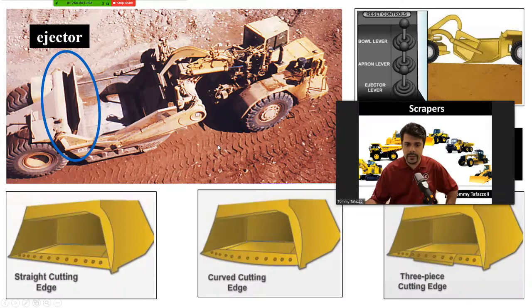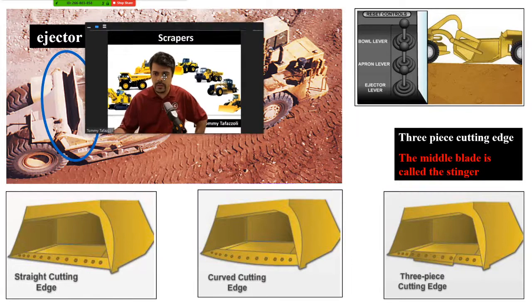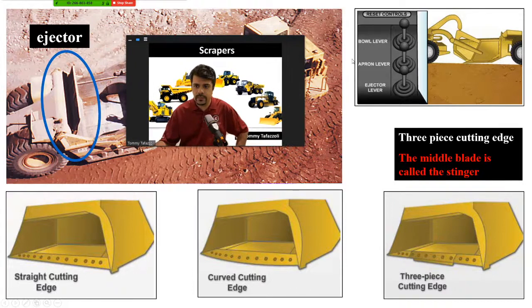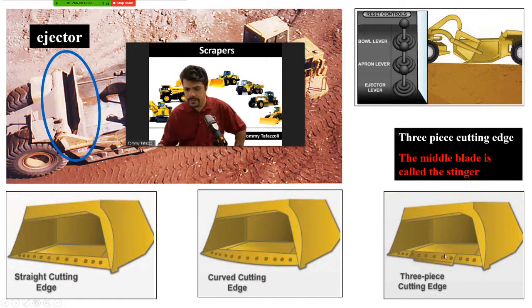This is the ejector. So bowl leveler, apron leveler, and ejector leveler. Okay, so this is how it shaves the earth.